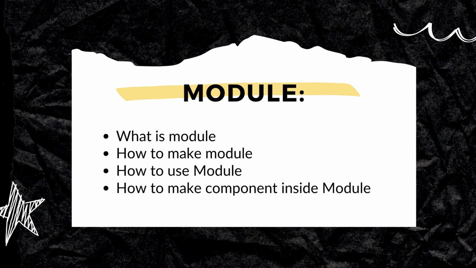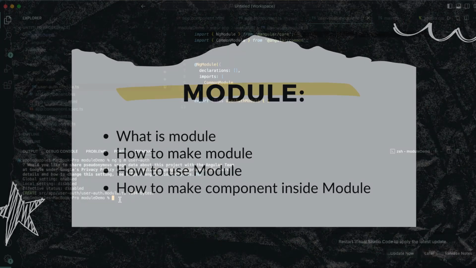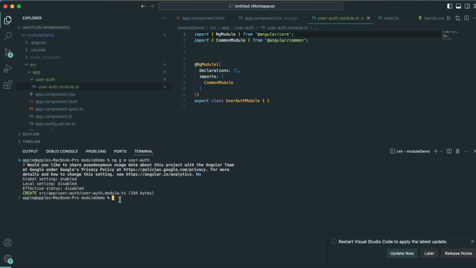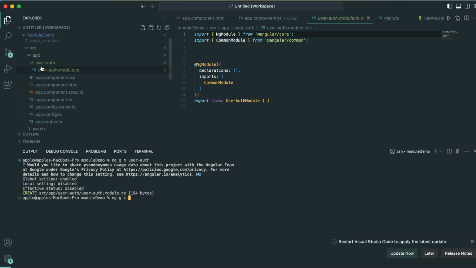Now I will show you how to use the module, but before that I'm going to create a component inside this module. So let me do this: ng g c, but I want to generate the component inside user auth instead of outside of it. So I'm going to write user-auth/sign-up.